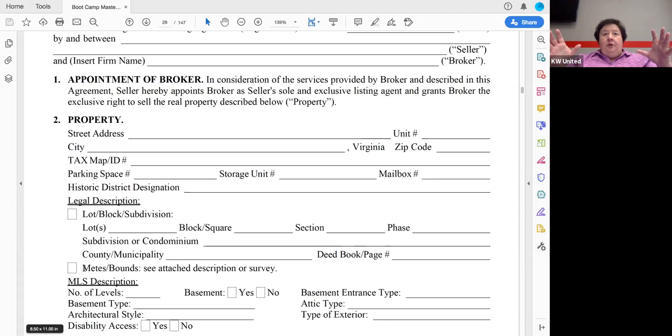Metes and bounds is when you're out in the country where I am, and they say that the oak tree at the intersection of 211, you go 150 clicks, and then you turn left at the burnt down barn. Those are surveys giving geographical descriptions of those properties, okay?